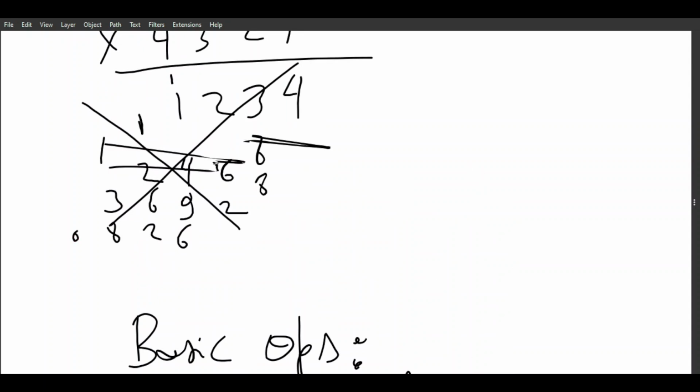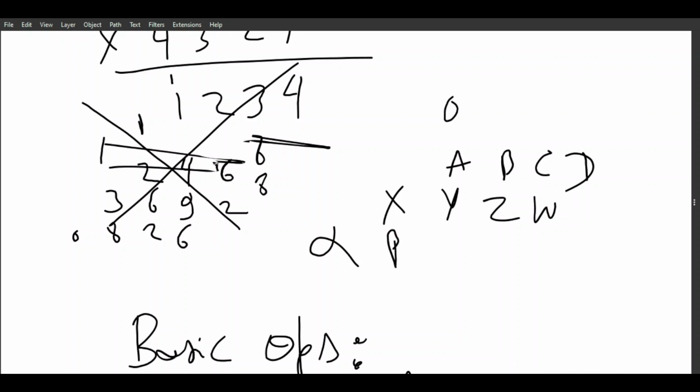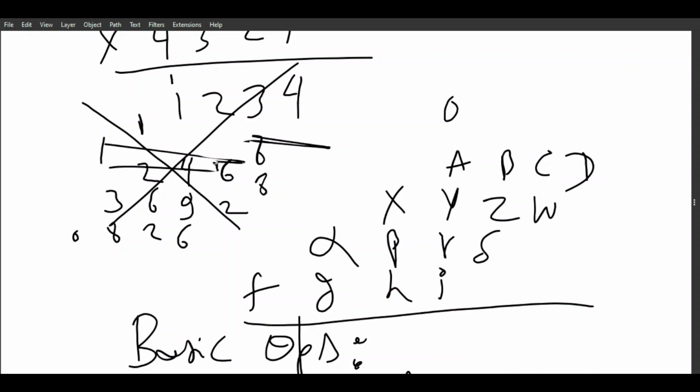Just see here, some numbers are written like this: A, B, C, D, X, Y, Z, W, alpha, beta, gamma, delta, and F, G, H, I, something like this. Add. So the number of additions you can see: 1 addition here, 2 additions, 3 additions, 2 additions, 1 addition.